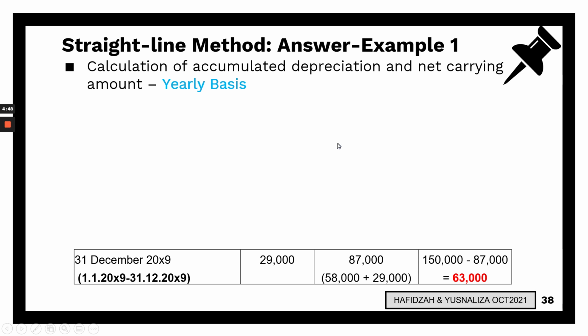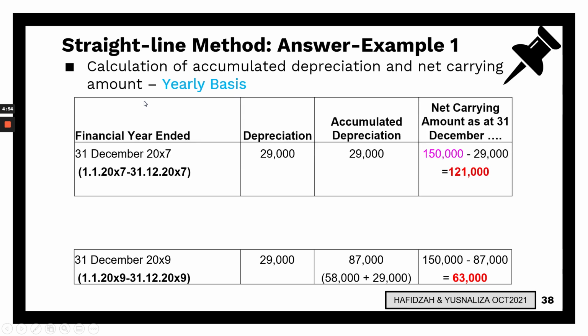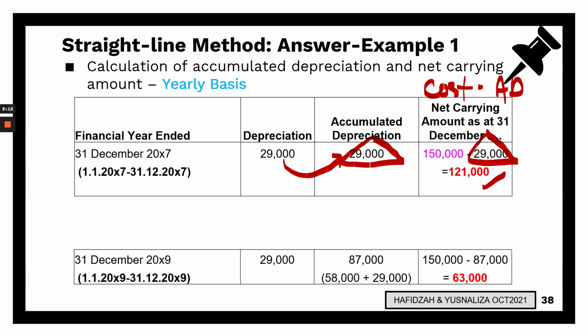This is the calculation of accumulated depreciation and net carrying amount for the yearly basis. For the first year, you can see the depreciation here and the accumulated depreciation here, and at the end of the year you take the cost minus accumulated depreciation. Remember, it is cost minus accumulated depreciation.